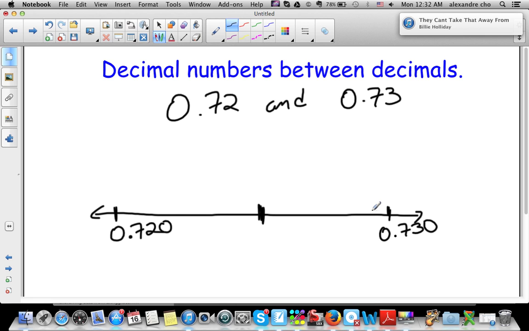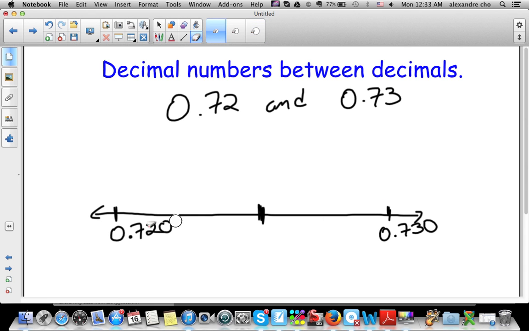Remember, adding a 0 at the end when it's a decimal doesn't change the value, so we're not changing anything. 0.72 and 0.720 is still the same number. So let me move this guy just a little bit to the left. 0.72, and we added a 0. So what do you think this first number is going to be?